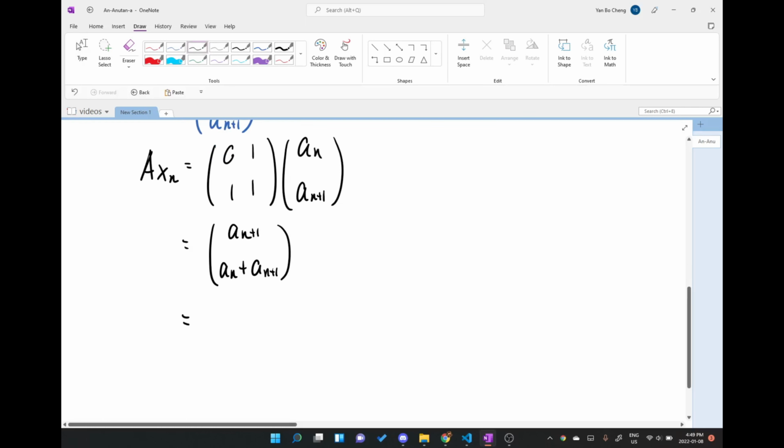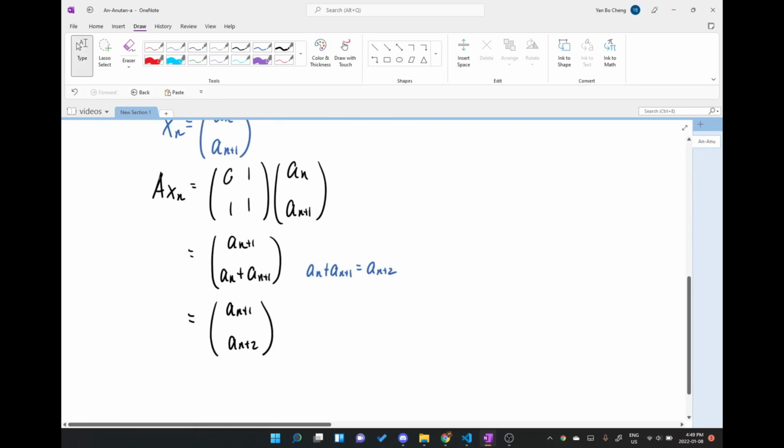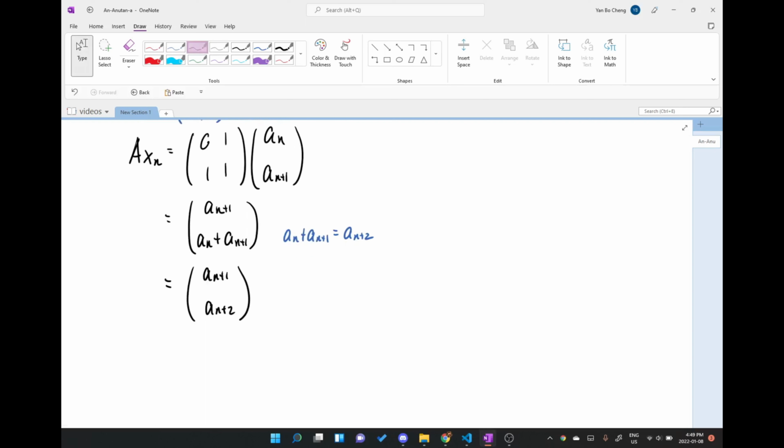But this is recursively defined, right? So we have a_{n+1} and a_{n+2}. So what we see here is that when we plug x_n into A, we get x_{n+1}.